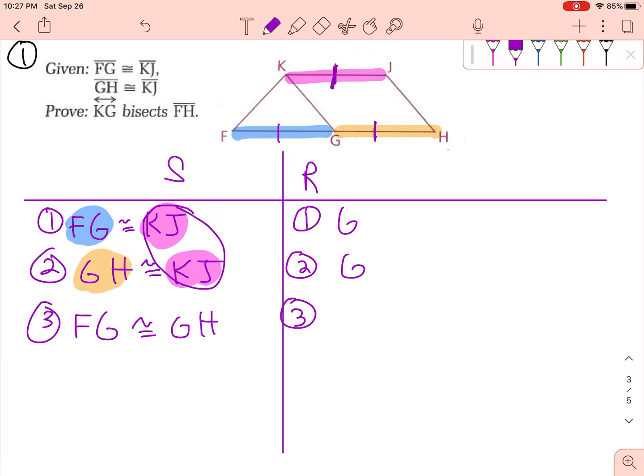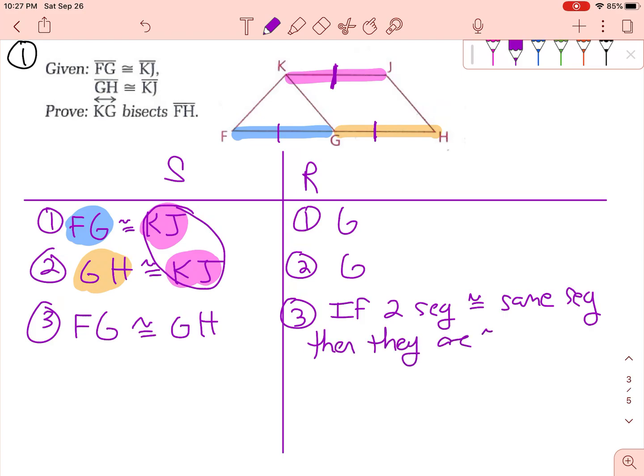Okay, and my reason would be if 2 segments are congruent to the same segment, then they are congruent to each other. Because the blue equals the pink and the orange equals the pink, then the blue has to equal the orange.